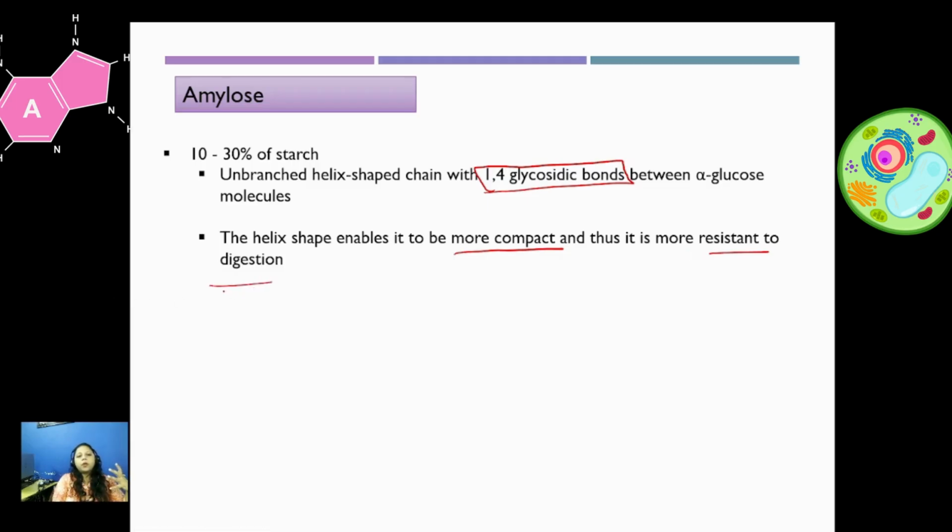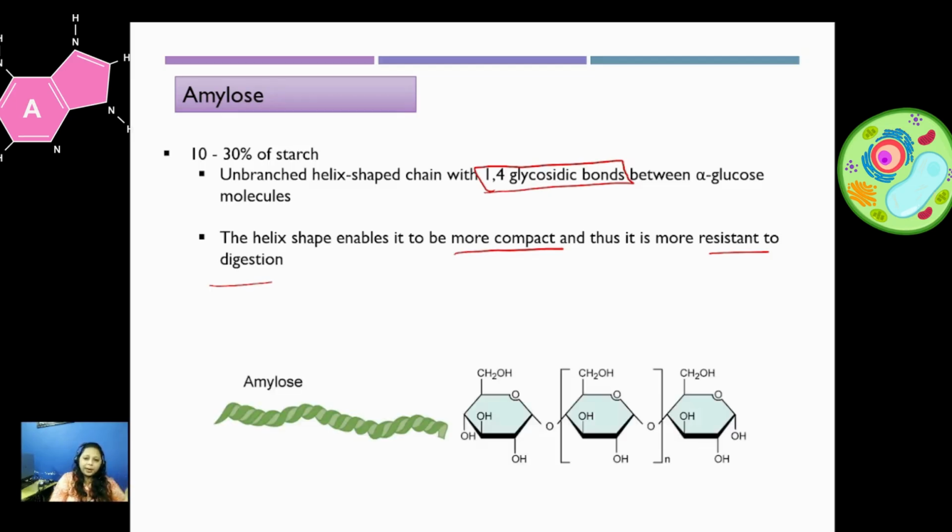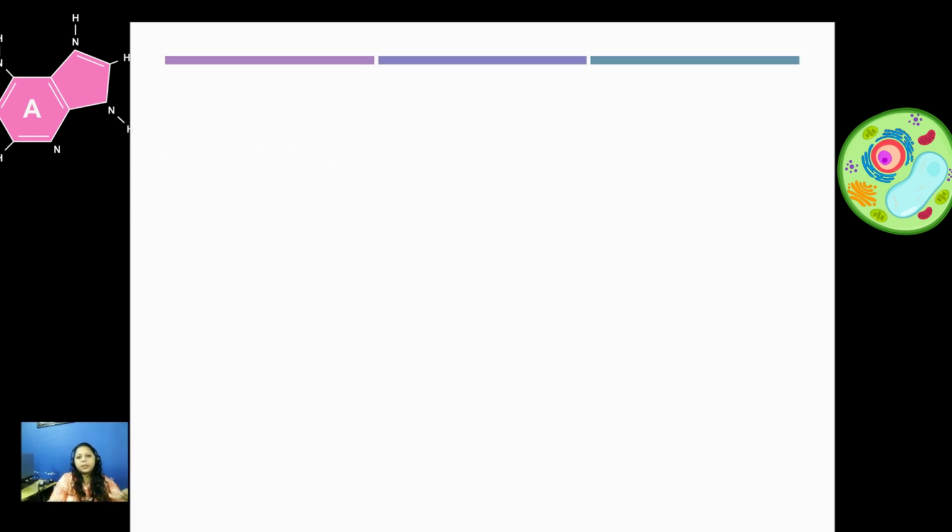So when we eat starch, it cannot be broken down that easily. First of all, it has to be converted into oligosaccharide or disaccharide, and then into monosaccharide. It has a compact form that is coiled around each other, and we'll learn later that there are hydrogen bonds present as well.